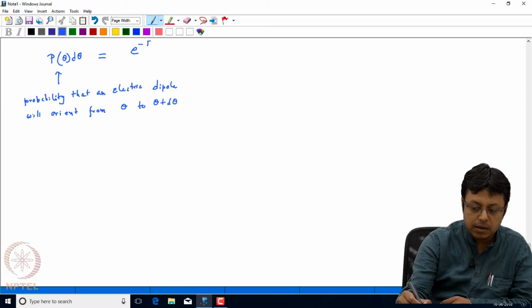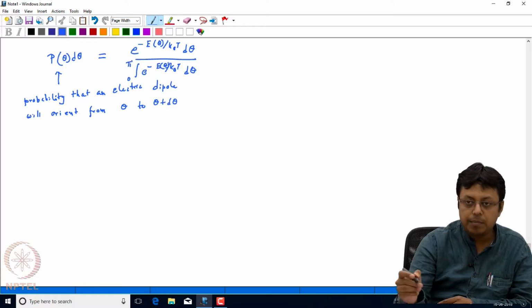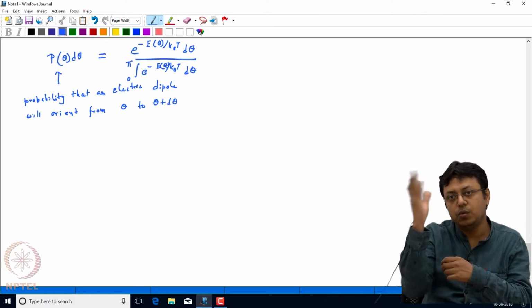It is e to the power minus the energy for that orientation theta divided by kBT, times d theta, divided by, since this is a normalized probability distribution, a sum over all possible orientations, e to the power minus the energy of theta by kBT times d theta, and theta can go from 0 to pi, because it is basically 0 to 180 degree.